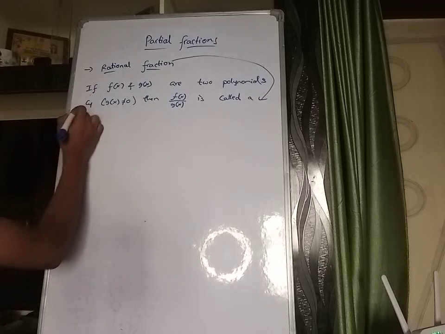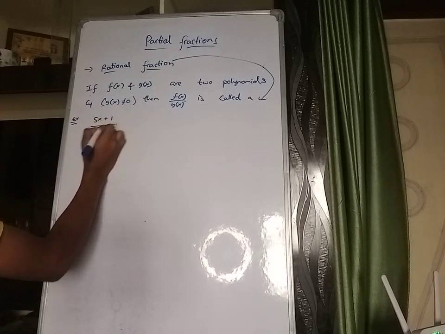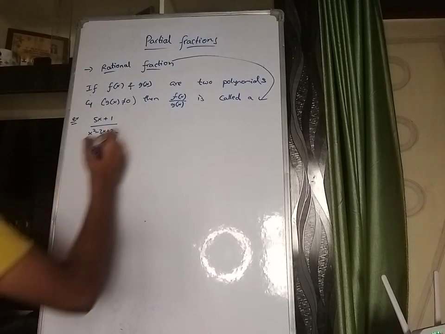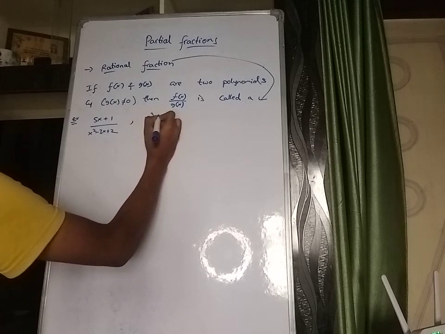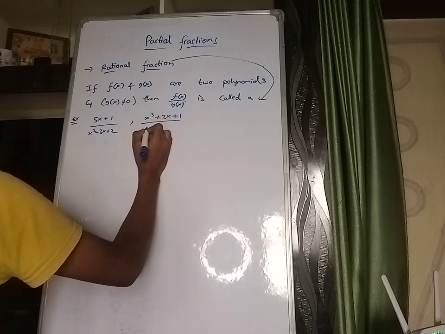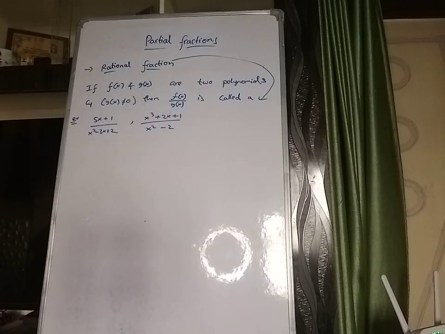For example, 5x plus 1 divided by x square minus 3x plus 2, or x cube plus 2x plus 1 divided by x square minus 2, are two rational fractions.